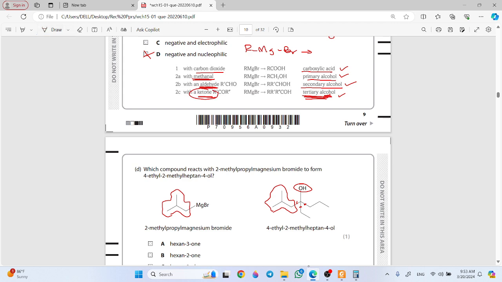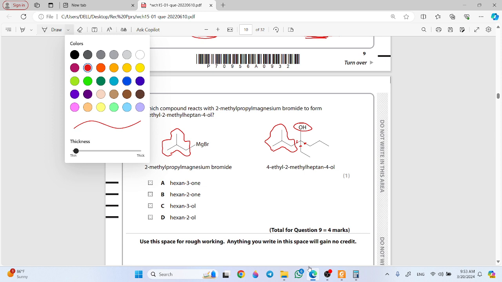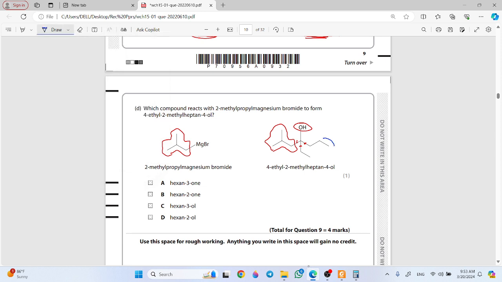Now you try to separate the ketone part. This one would be the ketone. Look at this. So this group should come from the ketone group. Then how do you draw the ketone? It should be something like this. This one and this, and O should be somewhere here. From there only, no. It is connected to the Grignard.